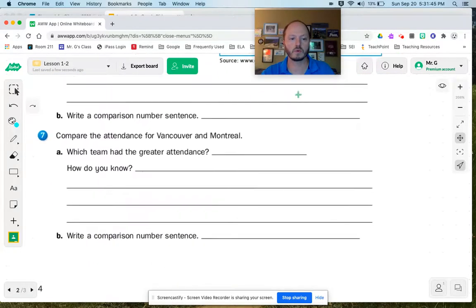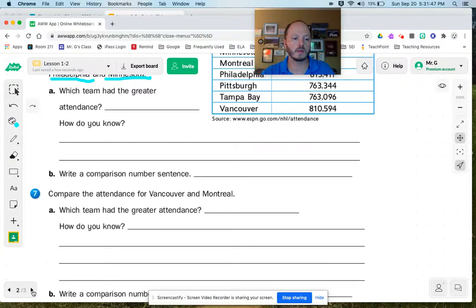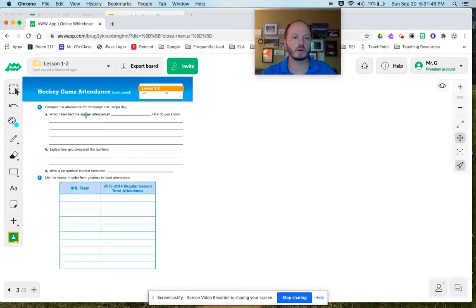Okay, Vancouver and Montreal. And then on to the next page, they are going to have another set of teams and another comparison. And then the last challenging step is to put these teams in order from greatest to least attendance. So the greatest is going to be on the top, least is going to be on the bottom.